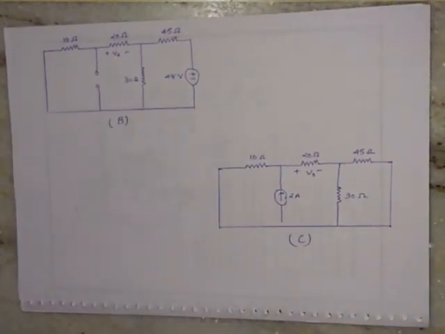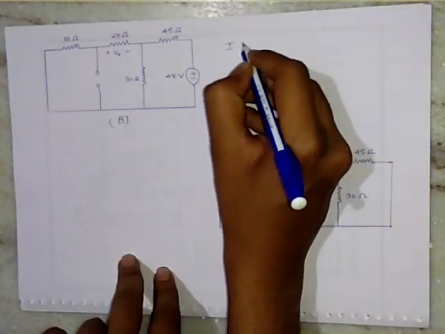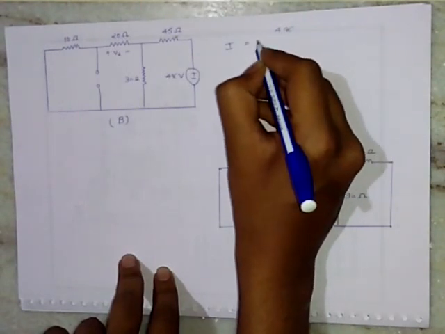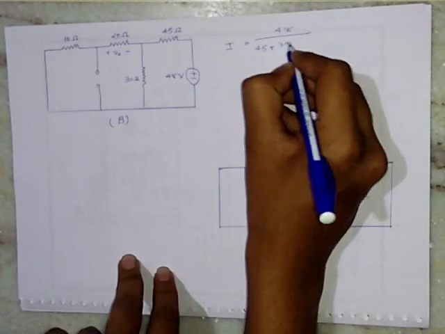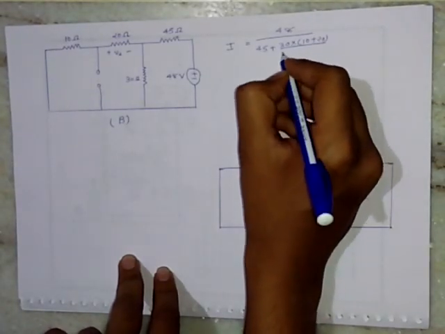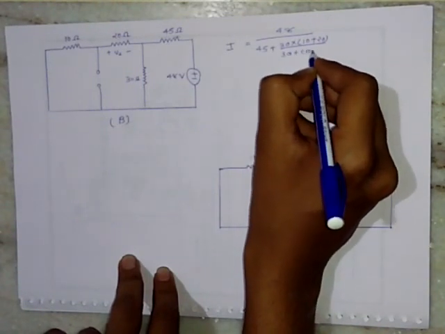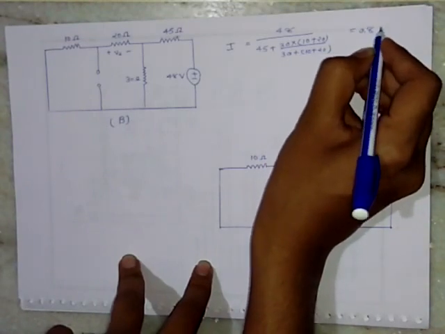Now for 48 volt, the current through the 20 ohm resistance, we will use the same equation for deriving the value of current, and the equivalent current I will be equal to 48 divided by 45 plus 30 multiplied by 10 plus 20 divided by 30 plus 10 plus 20. The equivalent answer will be approximately 0.8 ampere.